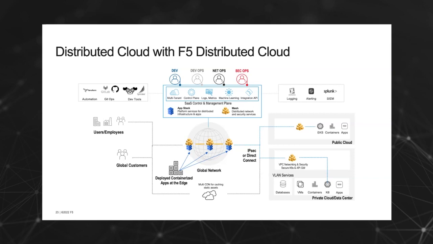Also gain insights and capture the data from logging, from alerting, and get the insights and visibility across multiple environments, be it in public cloud, private cloud, and leverage modern services-based application and containerized deployments in multiple ways at the edge, in different public clouds, and in the private data center in a consistent way.